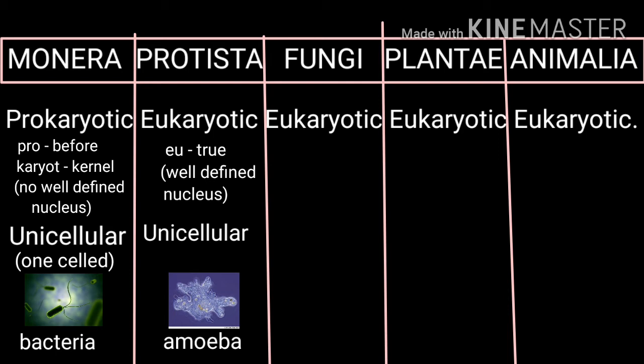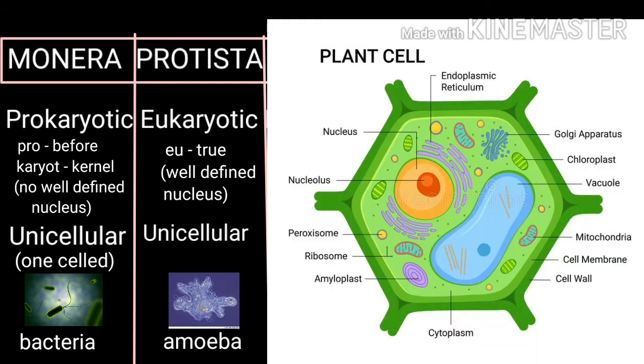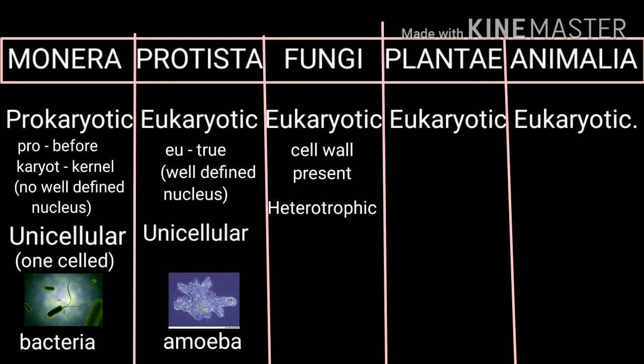Class, when you learned about the structure of the cell in the previous class, you came to know that all the living organisms have a cell membrane, but a few organisms have a cell wall. So the organisms which have a cell wall and are heterotrophic come under the group Fungi.